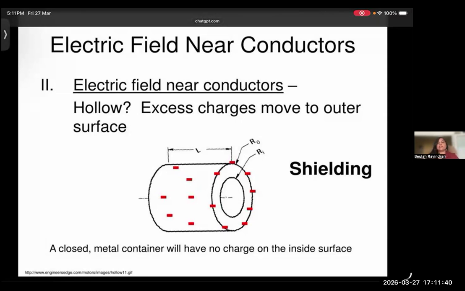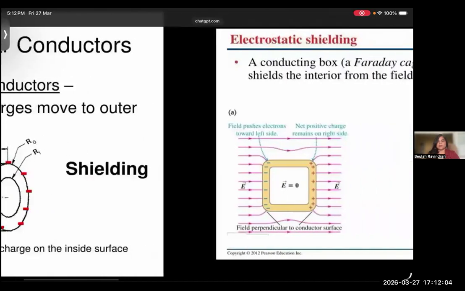But if it is a hollow conductor, definitely excess charges move to the outer surface. So what is the shielding? We can say a conductor blocks external electric fields, so the inside region becomes field free. That is the Faraday cage, we can say.